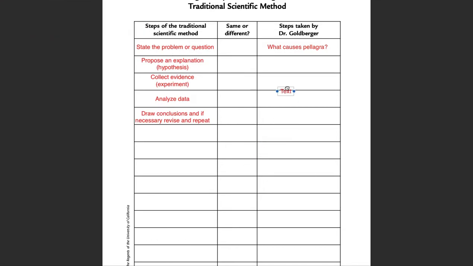What was the main reason behind his rationale? Well, he hypothesized that an inadequate diet caused pellagra, in other words, lack of nutrition.